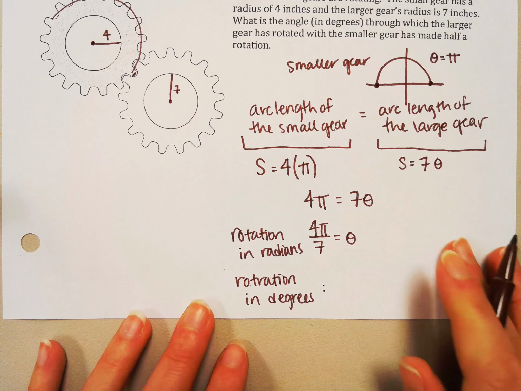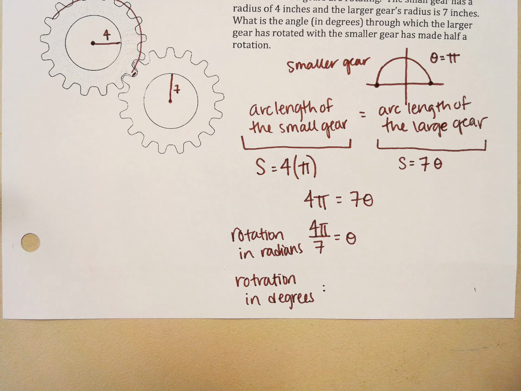Because I think some of the ones in your homework or your practice will have it already in degrees, so you might have to convert back to radians and then convert. Actually, since it's a ratio, and if you set them up this way, it won't actually matter if you use radians or degrees. Just know that you're getting out the same unit. But to make your life easy and to not confuse you anymore, I would always just stick with radians.